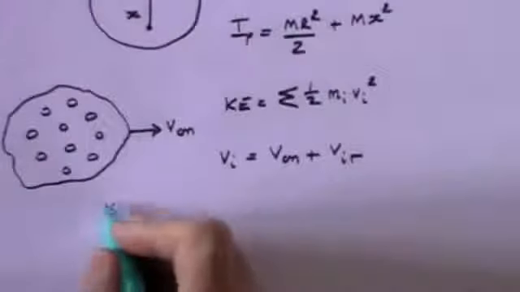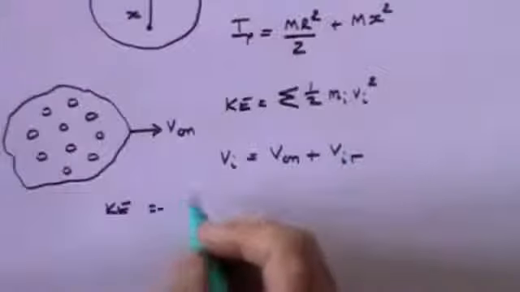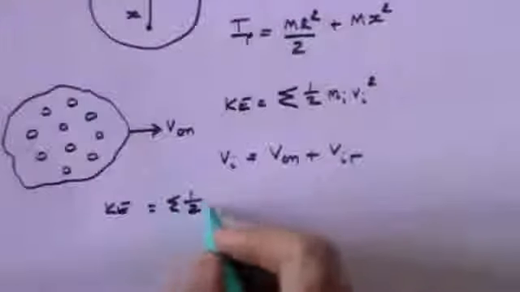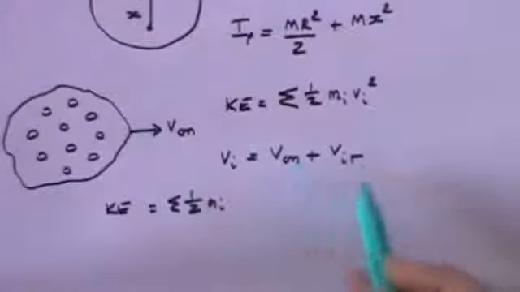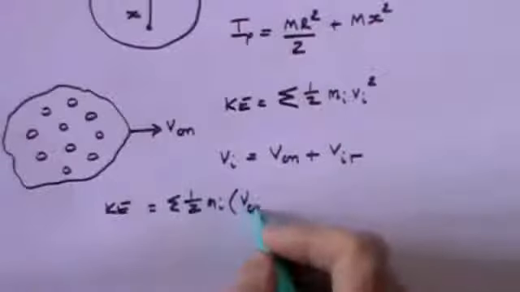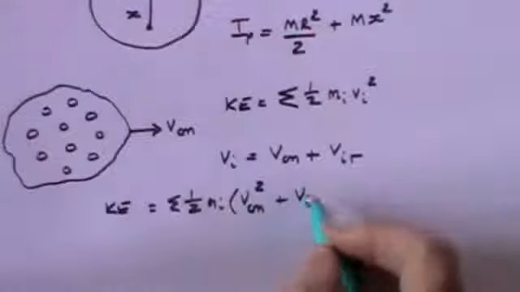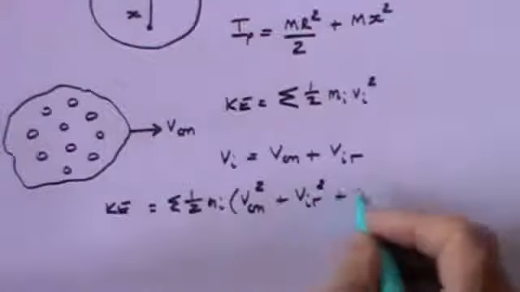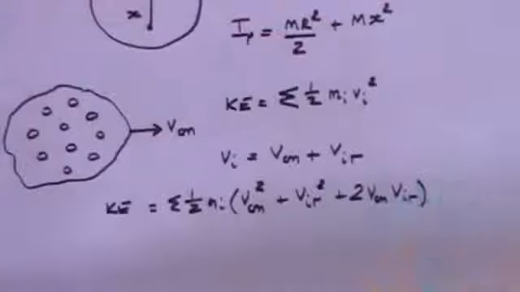So now I've got that the kinetic energy is this term up here, which is the sum of half mi, but instead of vi squared, I'm going to take the square of that term, and that will be V centre of mass squared plus vir squared plus 2 V centre of mass vir.